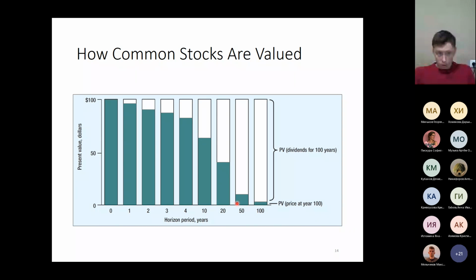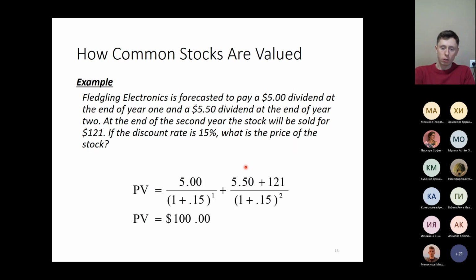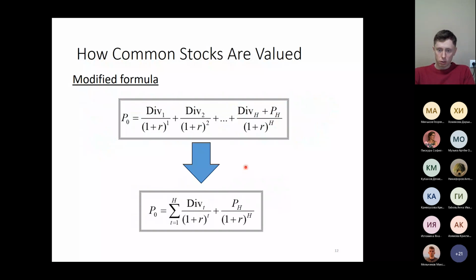Resultingly, we can present the formula of the stock price just based on the dividends, because of these infinity assumptions, and because every time, regardless of which investment horizon we choose, we can present the price as a present value of the dividends that we expect after that.